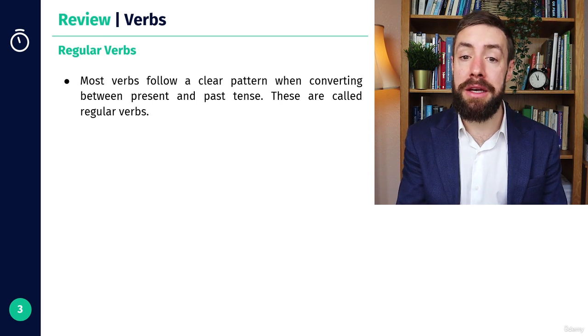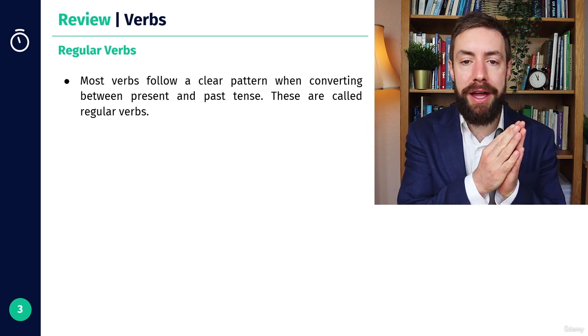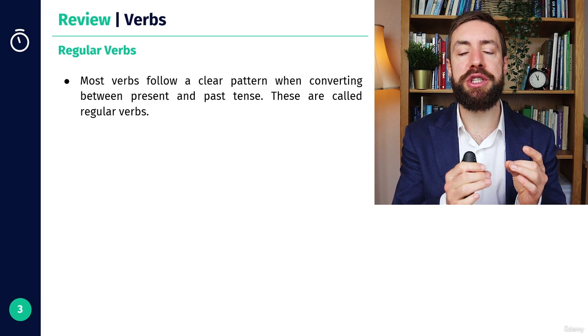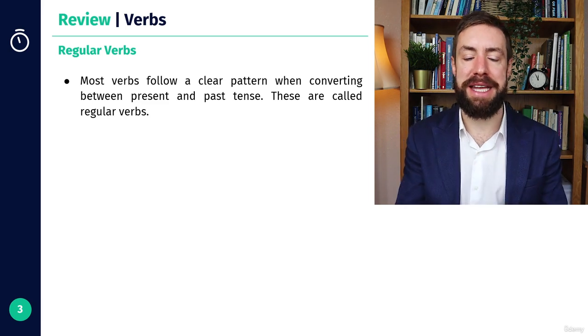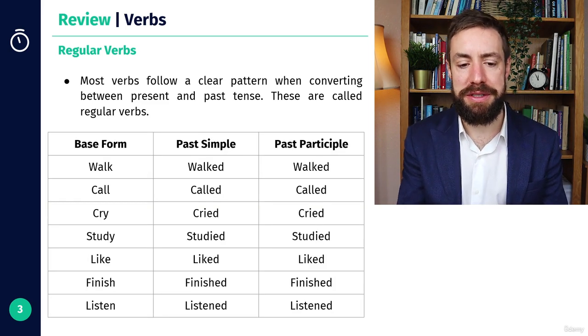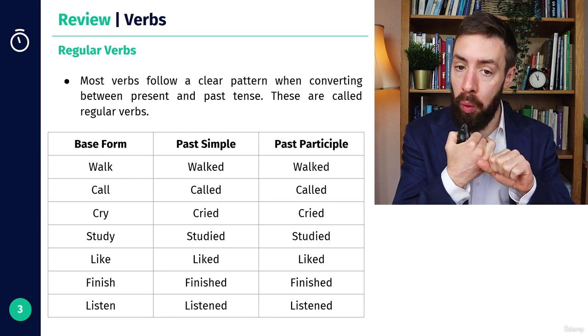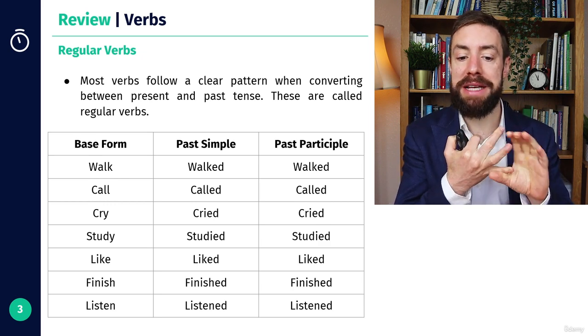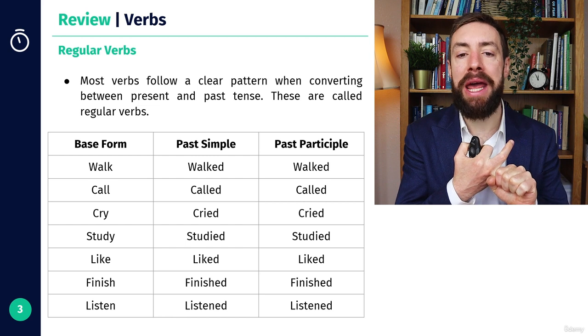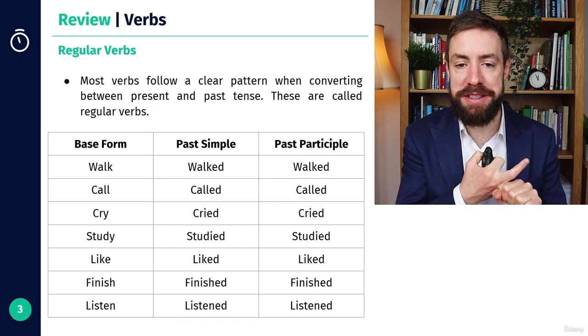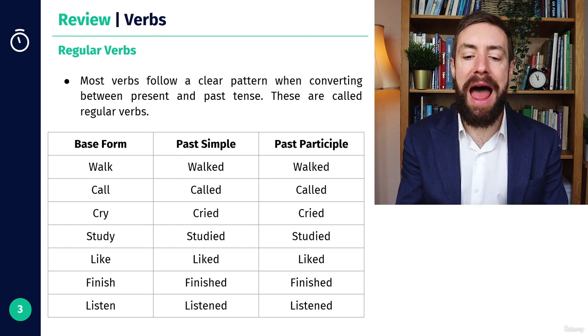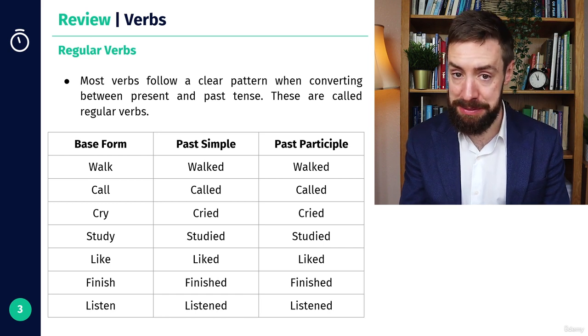So they follow a clear pattern when they are converting or changing between the present and the past tense. Okay, so some examples. The base form would be walk, I walk. Past simple, yesterday I walked to university, I walked to work. And the past participle.